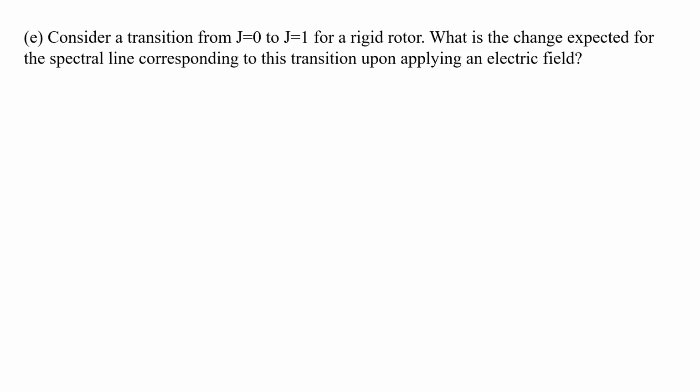Now you see, j equals 0 will remain at j equals 0, but for j equals 1 there come three states: m equals plus 1, m equals 0, m equals minus 1. And then the selection rule actually becomes delta mj is 0, plus minus 1.